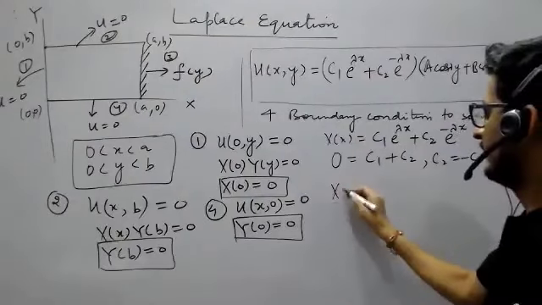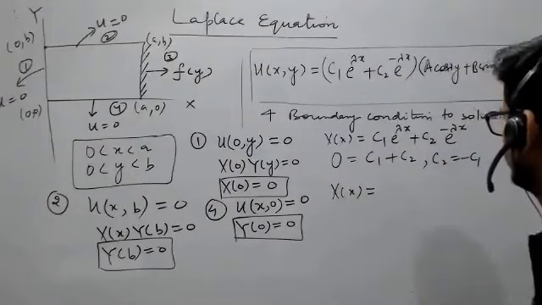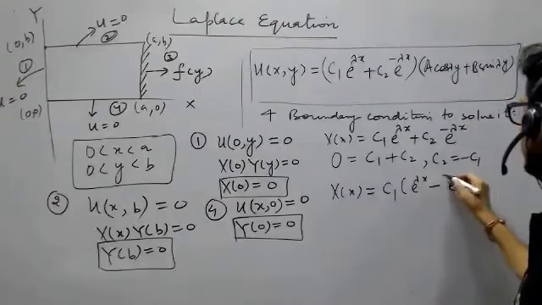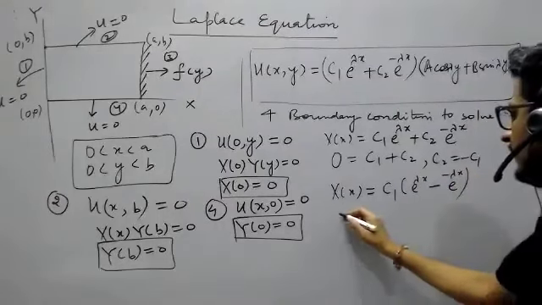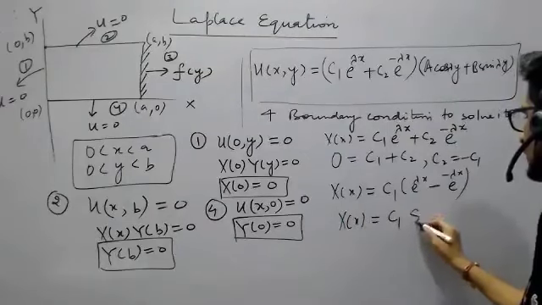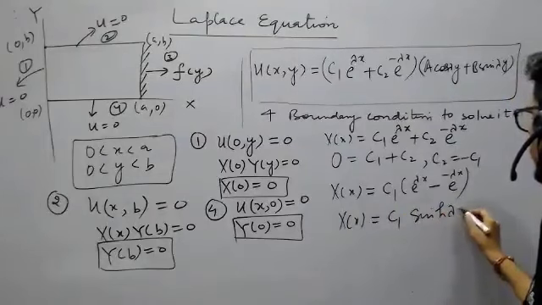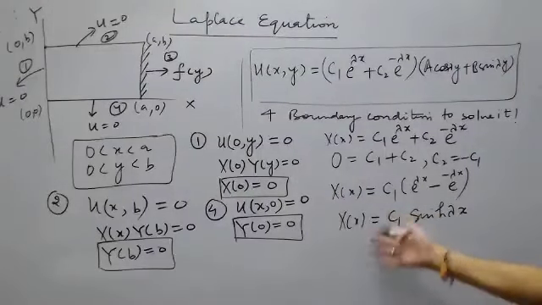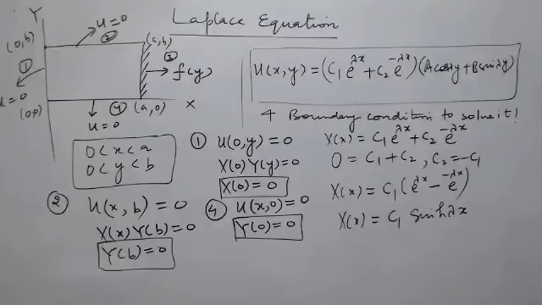So the value of X becomes c1 times e to the power lambda x minus e to the power minus lambda x. That means this becomes c1 sine hyperbolic lambda x. Sir, 2 sine hyperbolic lambda. 2c1 is a constant, that I have again written c1. That will not make any difference.